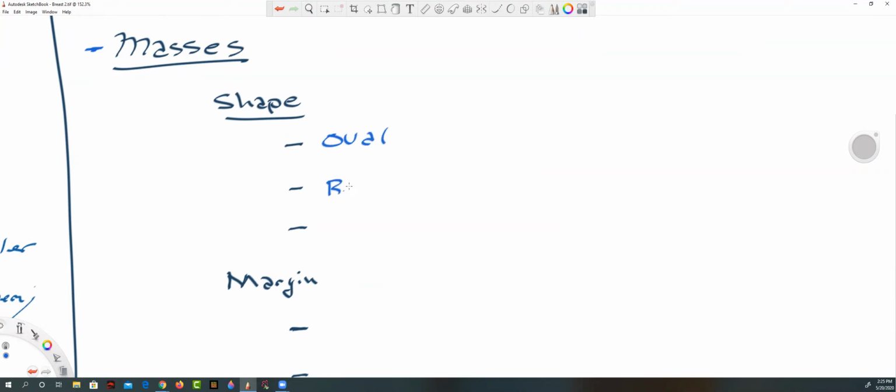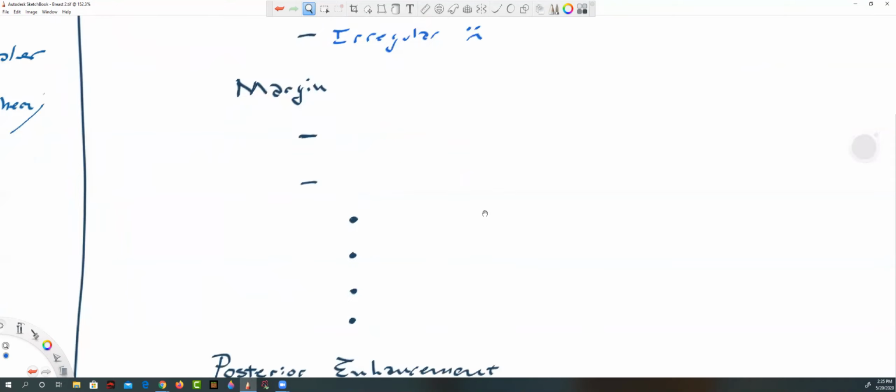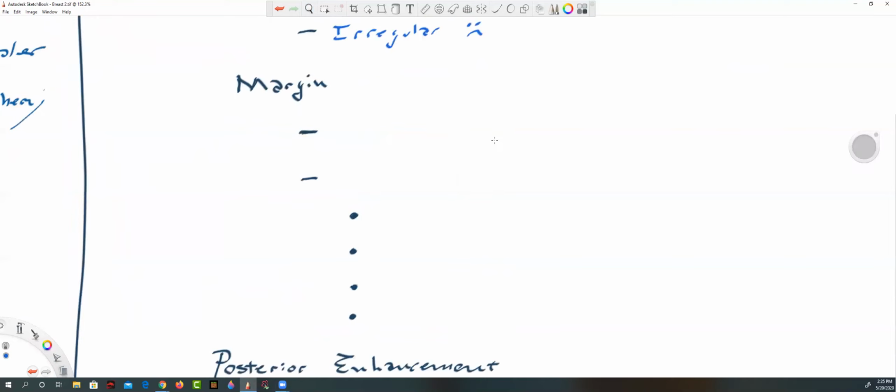These are both good things. Irregular, guess what? Not good. We get a little more concerned with irregular masses. It doesn't mean it is cancer, it just points us in a certain direction.